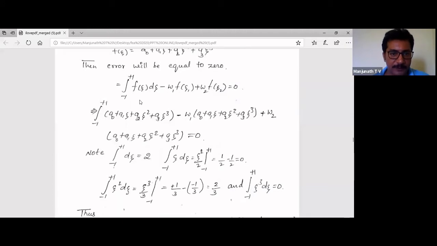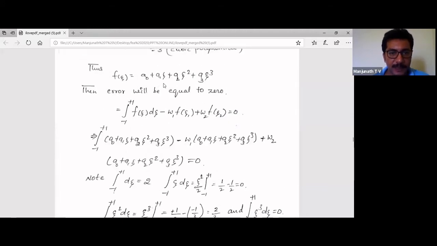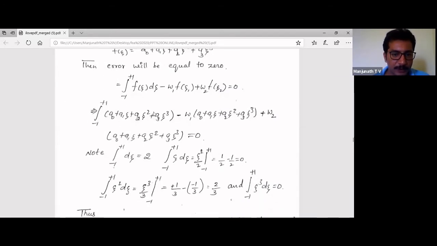Now just substitute the value of f of zeta. We have considered f of zeta here as a cubic polynomial, so we write the cubic polynomial in place of f of zeta.